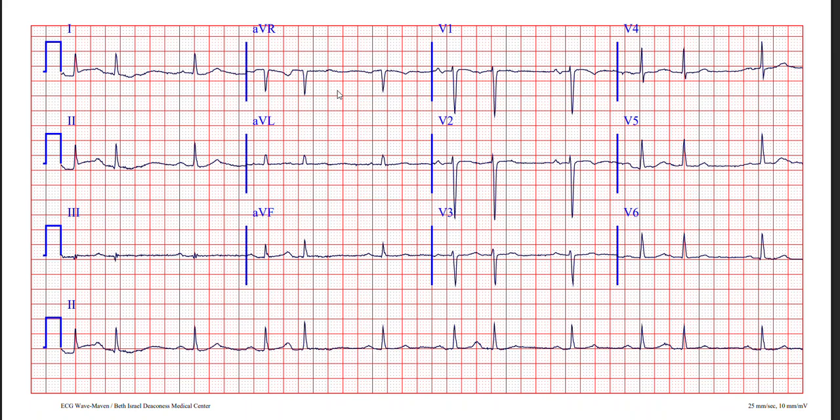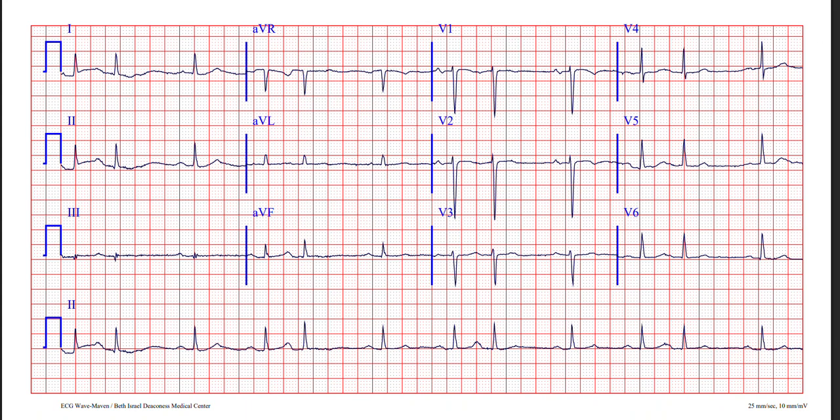So I am using this ECG just for educational purpose, so there should not be a copyright issue that I am displaying this ECG to you. We can use images for educational purpose.